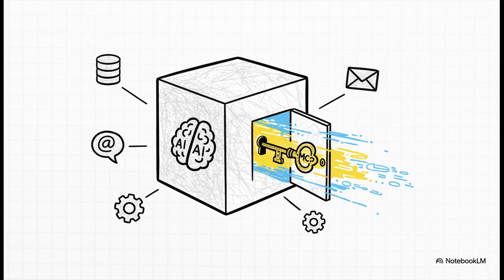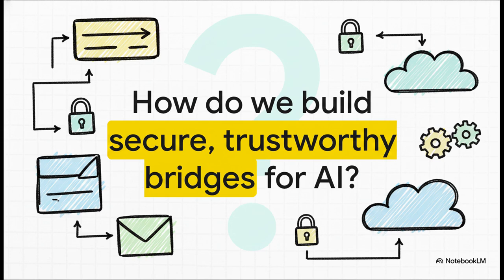So the big takeaway here is really clear. This protocol is fundamentally changing what an AI is. It is the key that is finally unlocking the door to that digital room we talked about. It's transforming AI from just an isolated brain into a truly active participant in our digital lives. And that really leaves us with one final crucial thought to chew on.